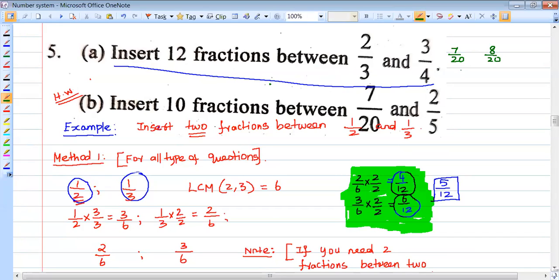Then we will multiply with 11. 7 by 20 into 11 by 11 is 77 by 220, and the next one is 8 by 20 into 11 by 11, we will get 88 by 220. So the answers are 78 by 220, 79 by 220, and it goes on up to 87 by 220.